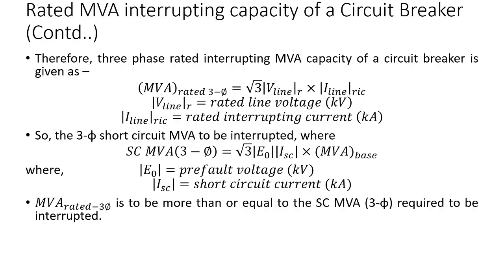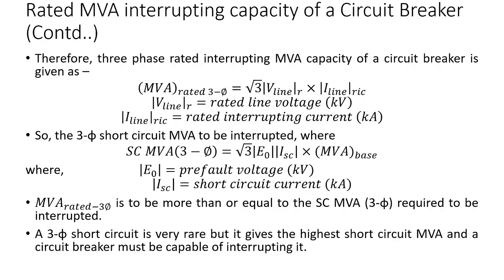The short circuit MVA that is present in case of a three-phase symmetrical fault in the line where the circuit breaker is installed. So the three-phase rated MVA of the circuit breaker has to be more than or equal to the short circuit MVA of the three-phase fault required to be interrupted.